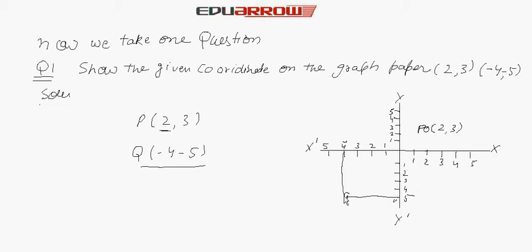The given equation is y equals 3x plus 2. Now we find the value of y for x. If x is equal to 0, then y is equal to 2, because 3 multiplied by 0 plus 2, so y is equal to 2.